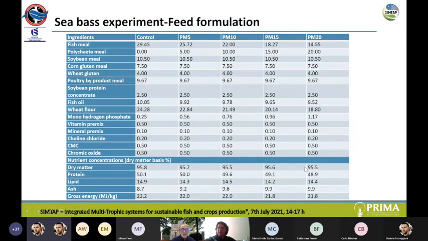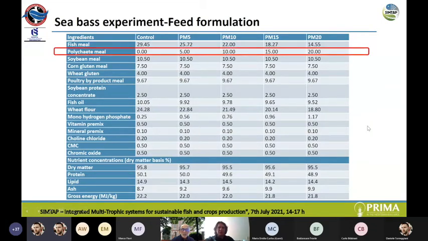And you see in this table our formulation of experimental diets and their nutritional composition. You see we included polychaete meal up to 20% of diets instead of fish meal, and we also reduced some fish oil.